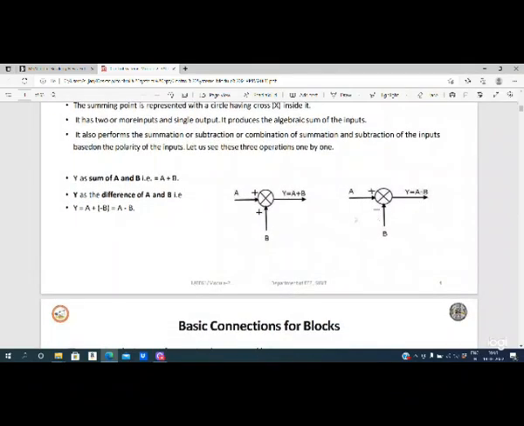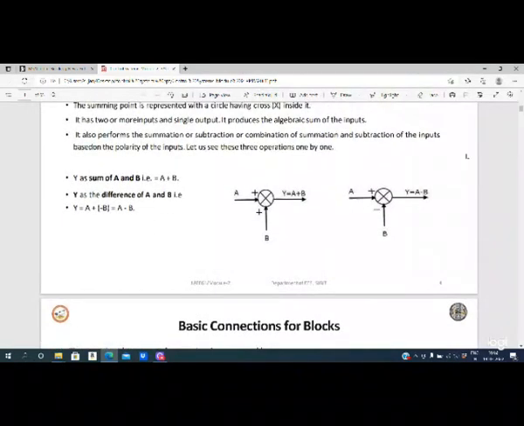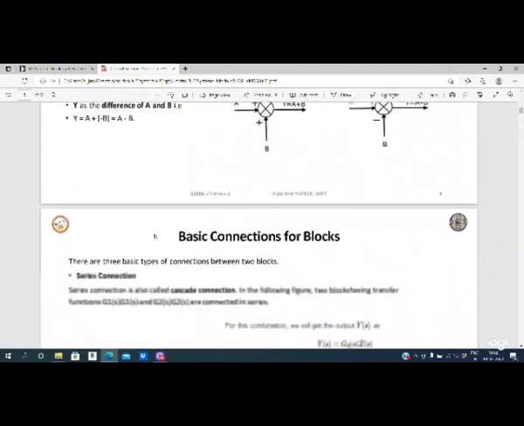So it also performs summation, subtraction, or a combination of summation and subtraction of the inputs based on the polarities of the inputs. Let us see these three operations one by one.